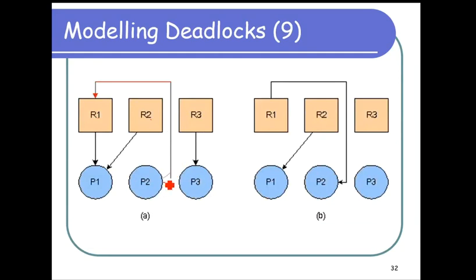P2 requests R1, but because R1 is serving P1, P2 is blocked.